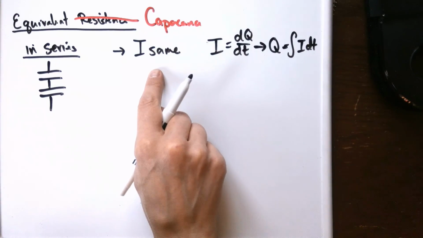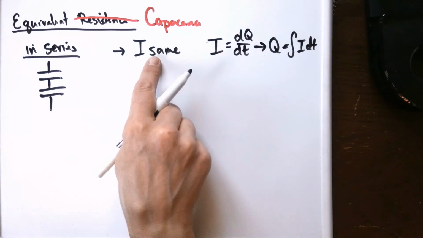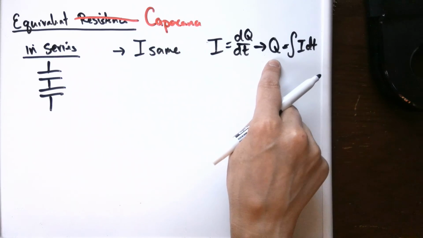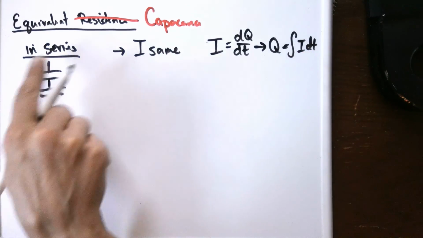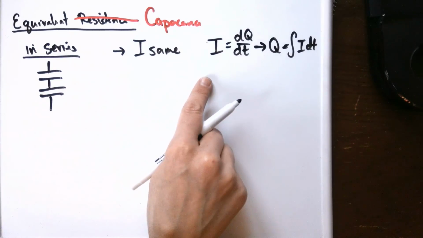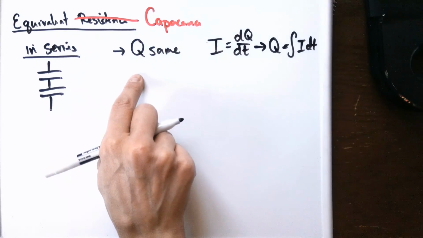So that actually means for a capacitor, we don't care so much about current as we do about charge. So if the current's the same, and obviously the time has to be the same because they're existing together in the same time, what this actually means is the charge on the two plates is the same.